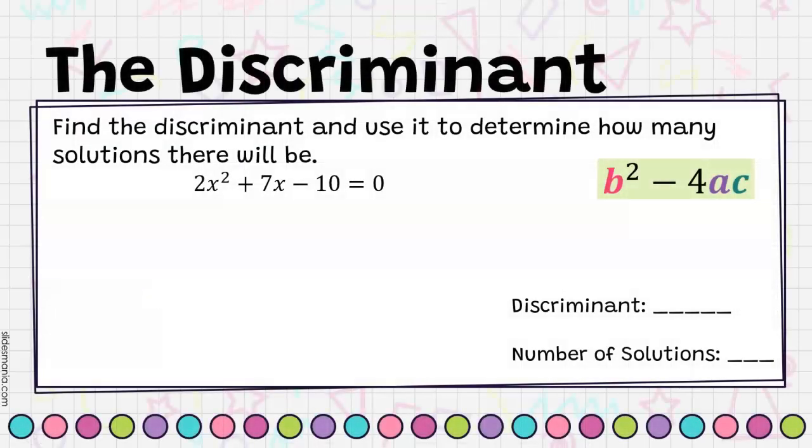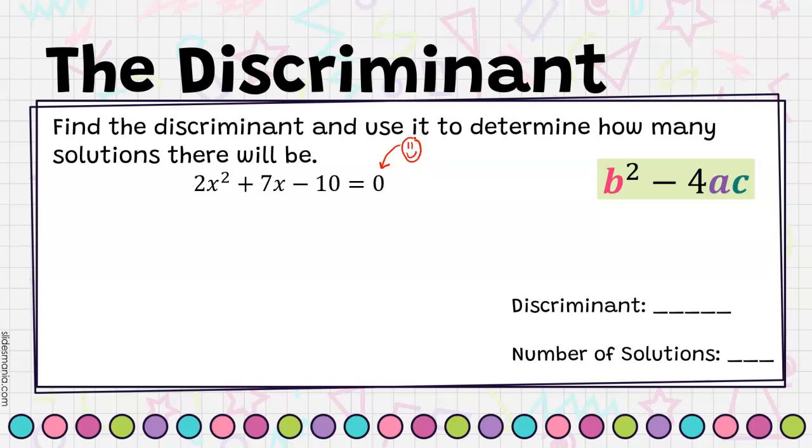All right, so we're going to go through an example together, and then I will do some more examples where you have to answer some questions. Let's start with one together, though. So first, find the discriminant and use it to determine how many solutions there will be to this quadratic equation. The first thing I want to point out is that we already have this in standard form. We have it equal to 0, which is a good thing.